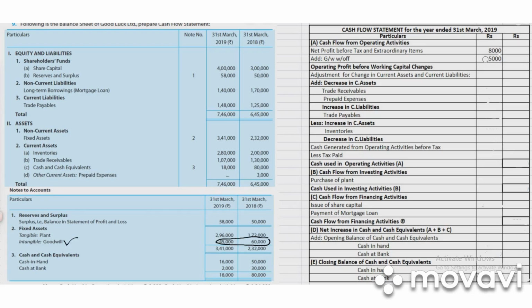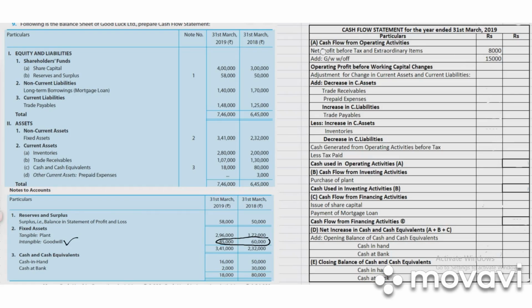Whatever is subtracted earlier, we will be adding to the net profit to get the original figure. So that is the adjustment after writing the first item, in this case 8,000. So to 8,000, goodwill written off or amortized will be added. So that is 15,000. Okay, so that is the second stage.